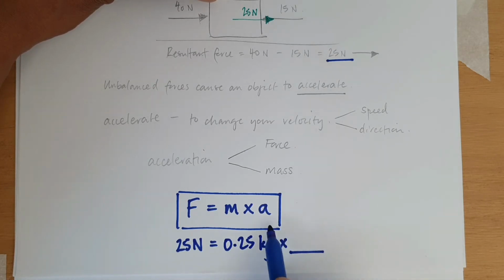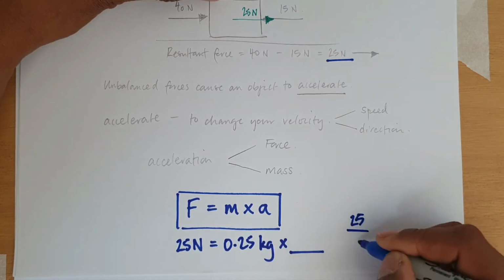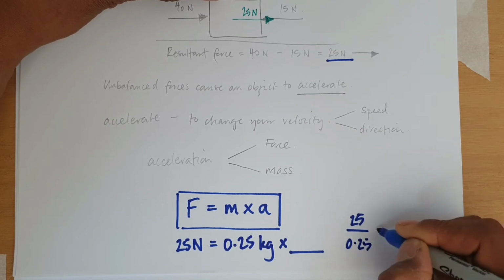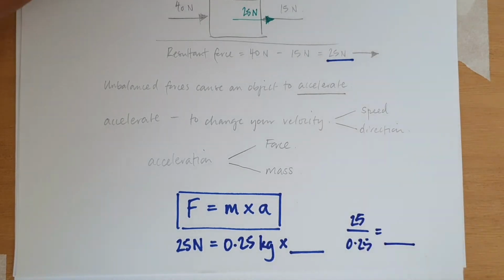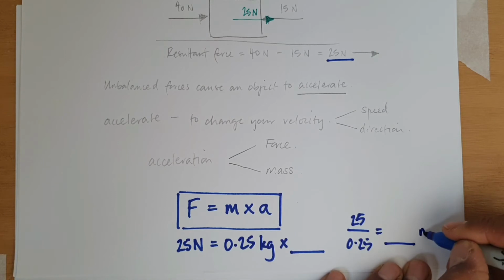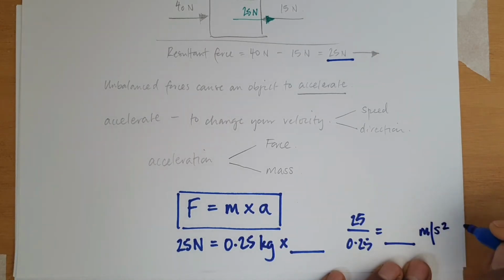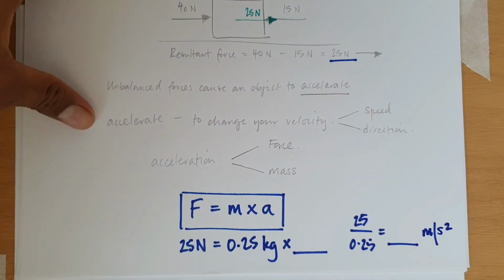That will tell me the acceleration. If you want to be able to do that, you just go 25 newtons divided by 0.25 is equal to your answer. I'll leave that to you to figure out. Okay, worth saying that acceleration is measured with a strange unit. It's meters per second squared. Okay, so that's Newton's second law. That's how it's meant to work.